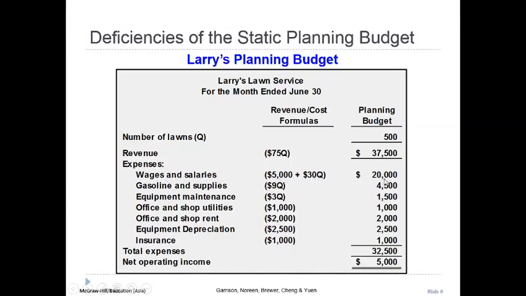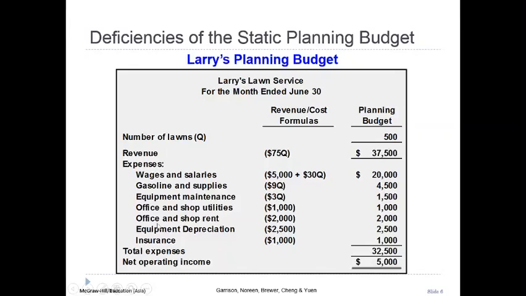So the total would be 5,000 plus $30 times 500 lawns, which equals $20,000. The same goes for gasoline and supplies. Larry will incur $9 for gasoline and supplies per lawn. Therefore, for 500 lawns, it will be $4,500. Equipment and maintenance is $3 per lawn.